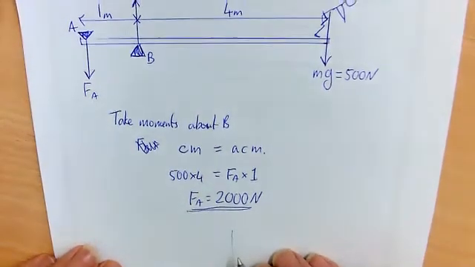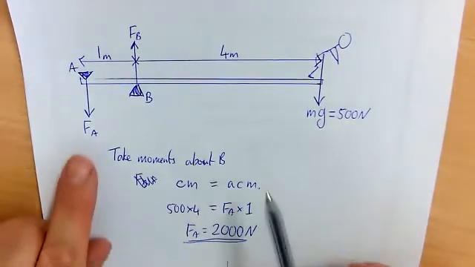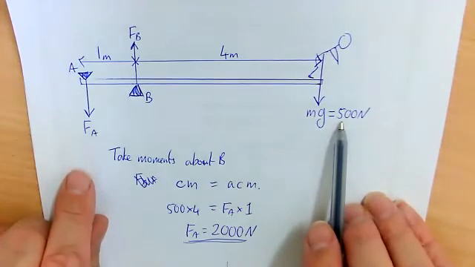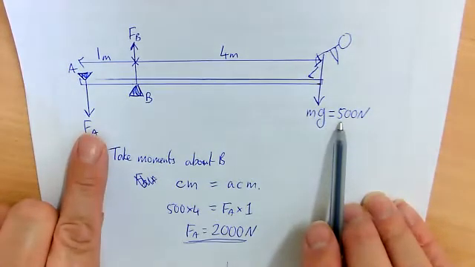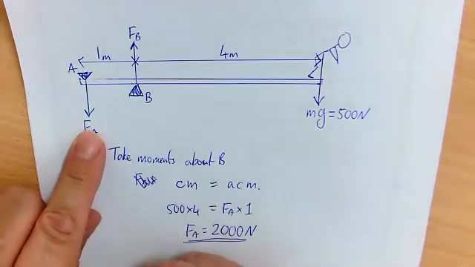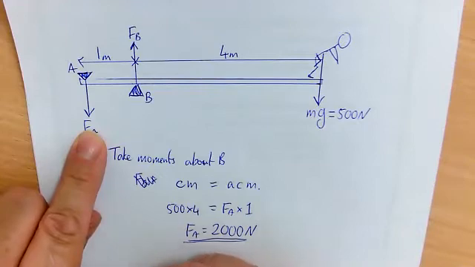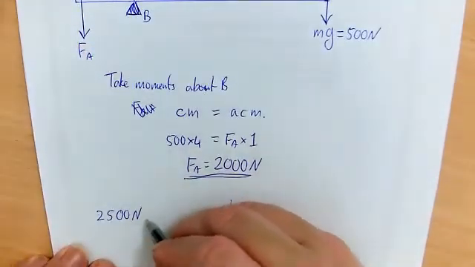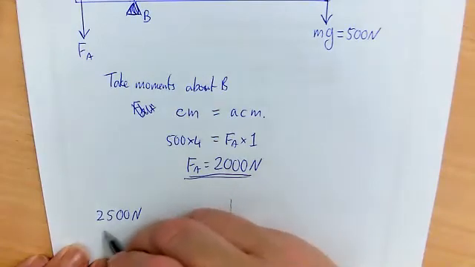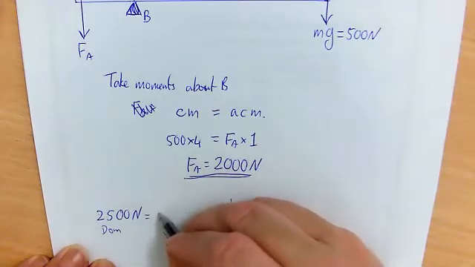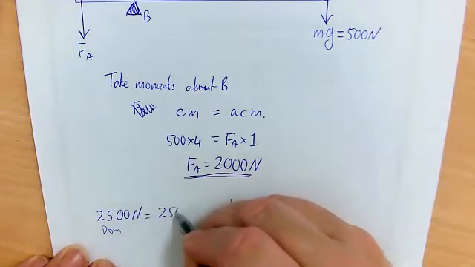The first one is using linear equilibrium. There's a total force downwards on this plank, a force downwards of 500 newtons and a force downwards of 2,000 newtons. So the total force downwards is going to be 2,500 newtons. If that's the force downwards, there must be an equal and opposite force upwards.